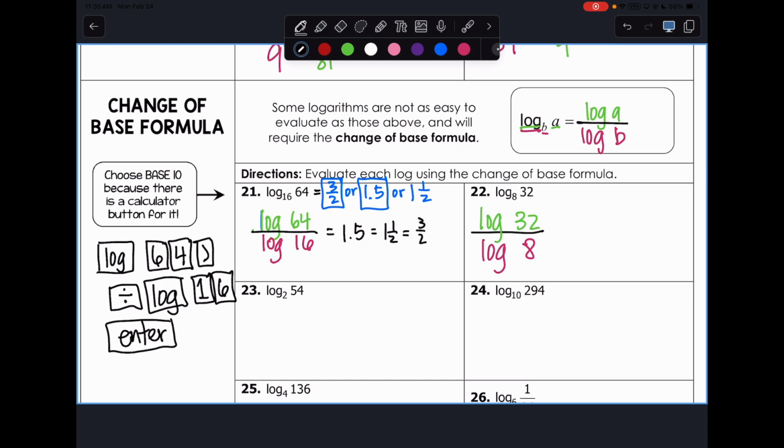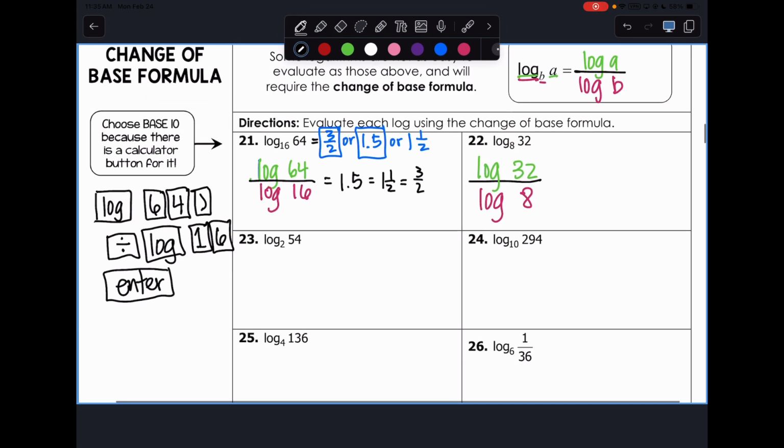So guess what? When you do log of 54 divided by log of 2, you're going to get a very long decimal, yes? What's the decimal? You're going to round it to the fourth place after the decimal, is what I meant. Okay, so I'll add that in here.